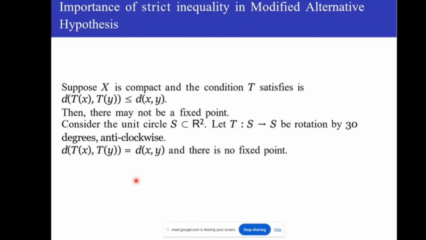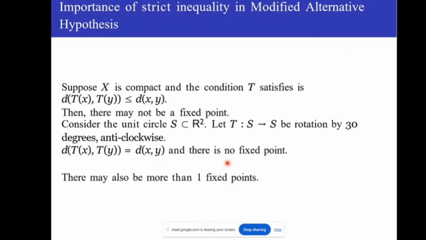It's just a rotation. So the distance between t of x and t of y will be equal to the distance between x and y, since the circle is just being rotated and the distance between points won't change. So this hypothesis will be satisfied, but we know that in a rotation every point will get dislocated, and there will be no fixed points in such a case.